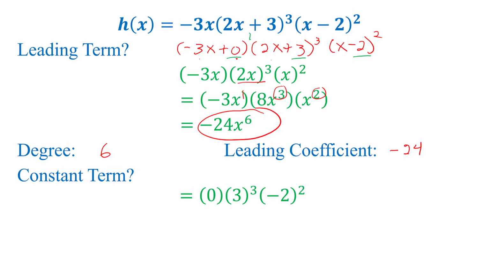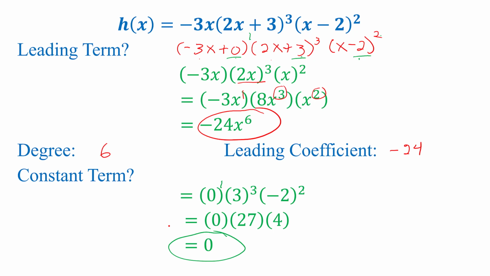So we would have 0 raised to the first power times 3 raised to the third power times negative 2 raised to the second power. 0 times anything is 0, so we find here that we do have a constant term of 0.